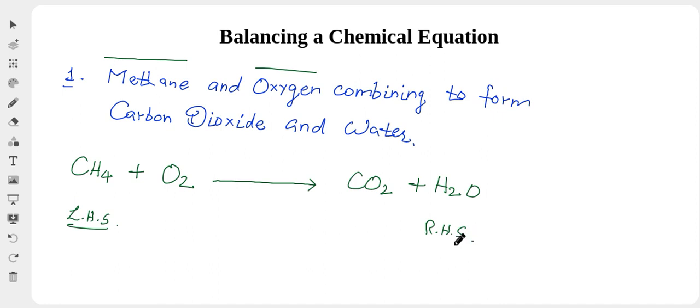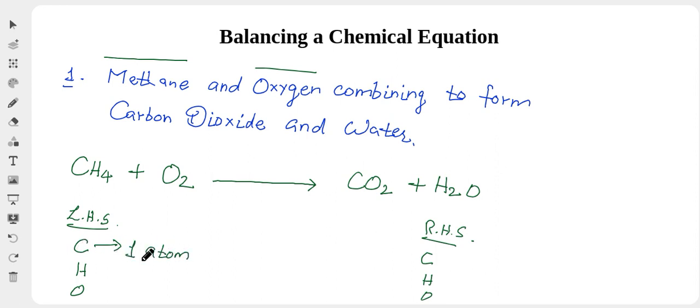Okay, so now let us discuss it. We have carbon, hydrogen, and oxygen on the LHS. The same elements are present on the RHS, C, H, O. Now let's discuss how many atoms there are on each side.